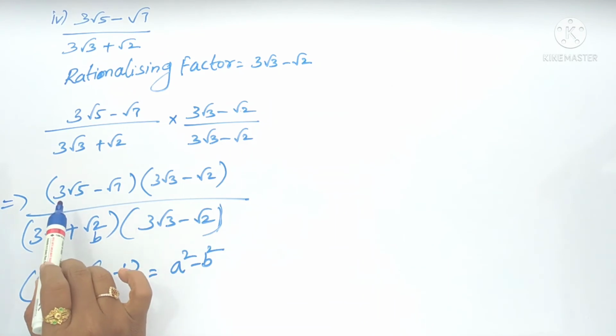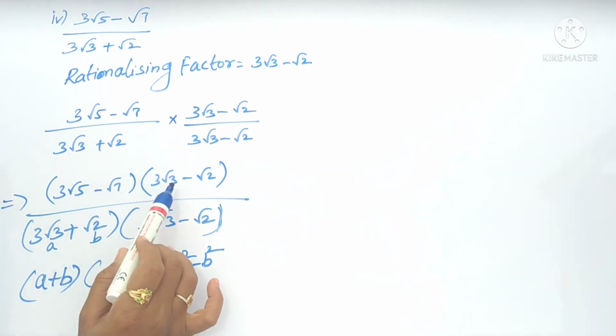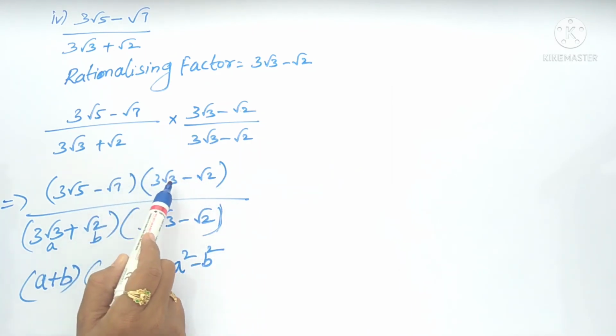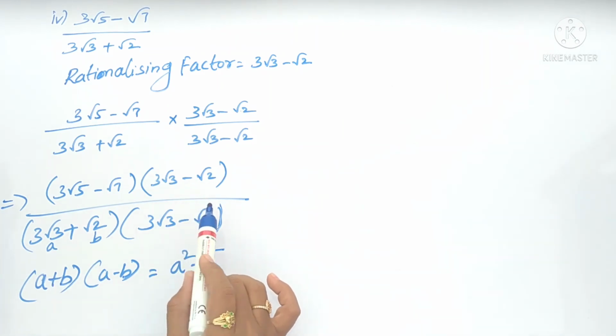So here with 3 root 5 we have to multiply these two terms, and again with root 7 we have to multiply with these two terms.